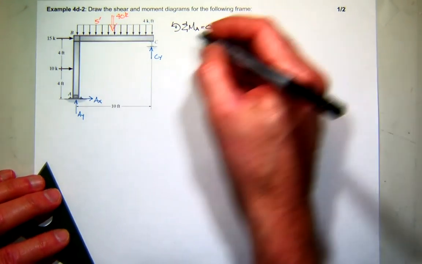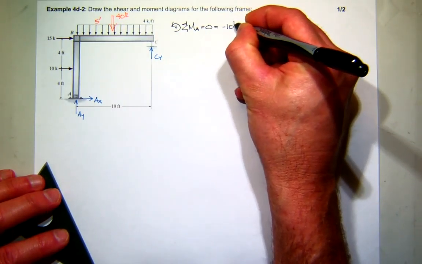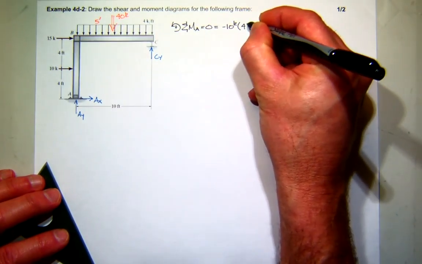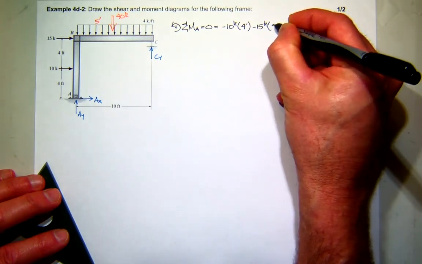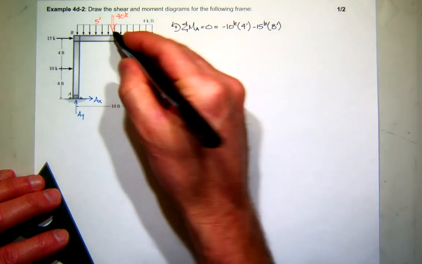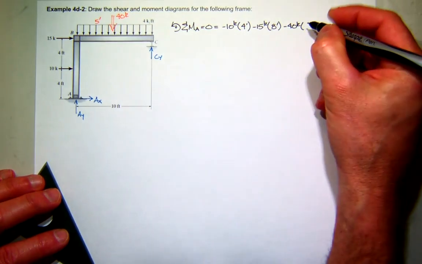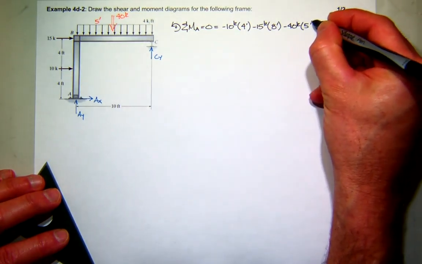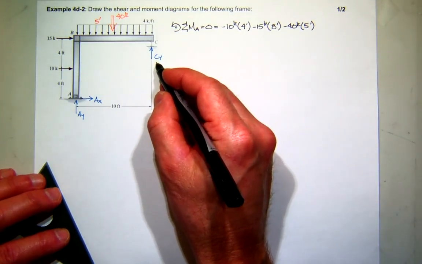Negative. So I'll just start with each one and work my way around. So I've got minus 10 kips times 4 feet, minus 15 kips times 8 feet, minus 40 kips times 5 feet. And then I have my reaction at CY. What kind of moment does that create, Mr. Pong?